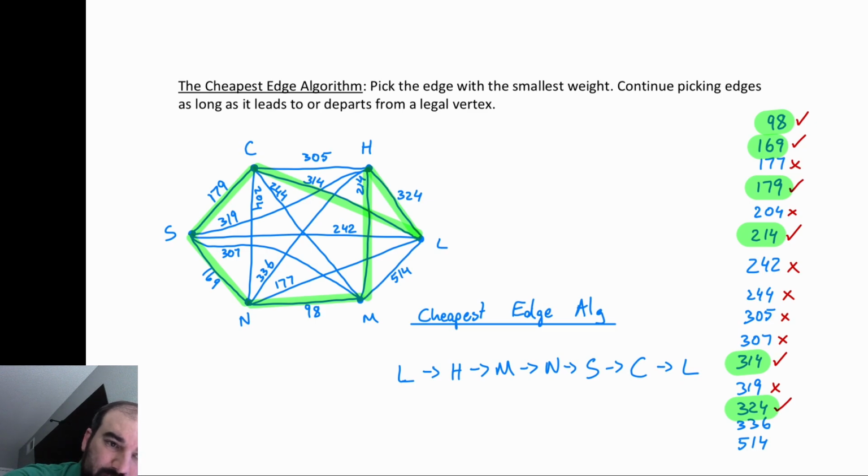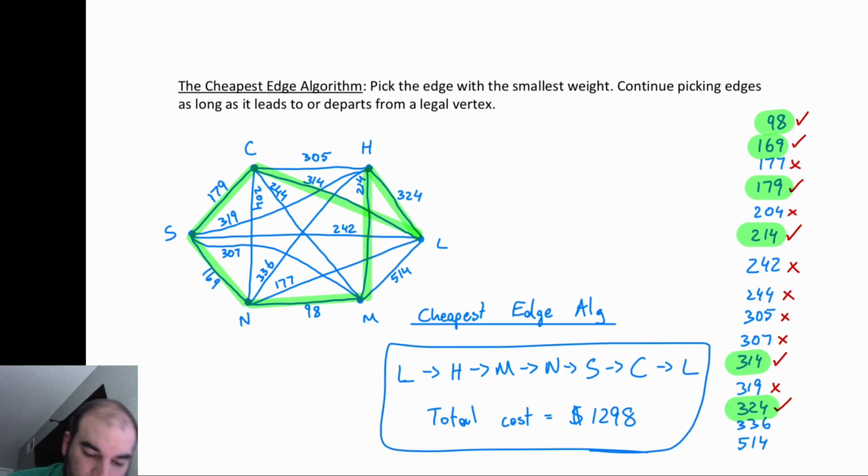Let me double check. 98, 169, 179, 214, 314, 324. Yeah, we get a total cost, which is kind of an interesting result. Total cost of $1,298. So using the cheapest edge algorithm, this is the trip that we find for this total cost.